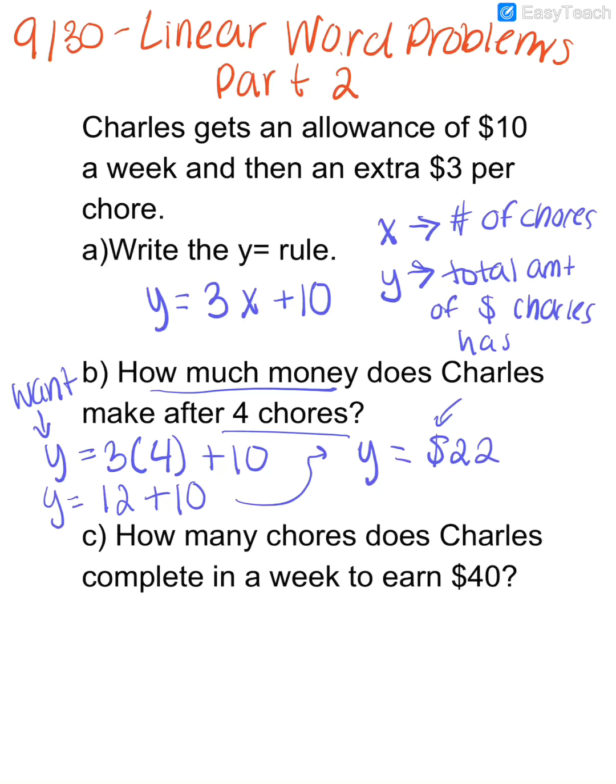Now, how many chores does Charles complete in a week to earn $40? So now we've got to think about which variable is the total amount of money he earns each week? That would be y. So we're going to put 40 in for y.